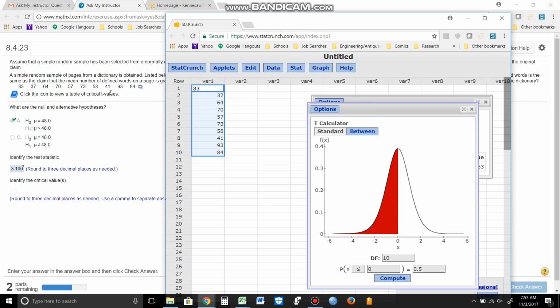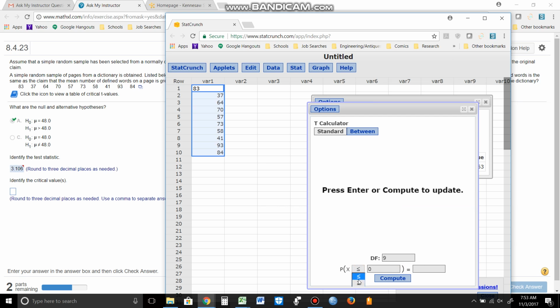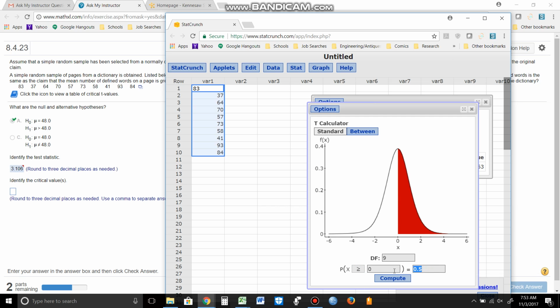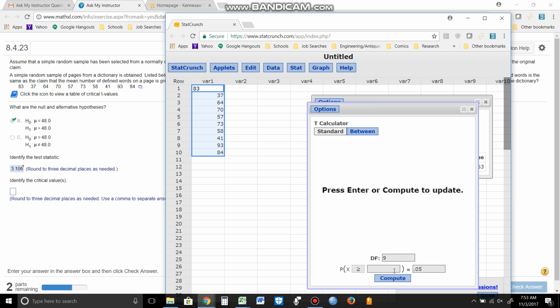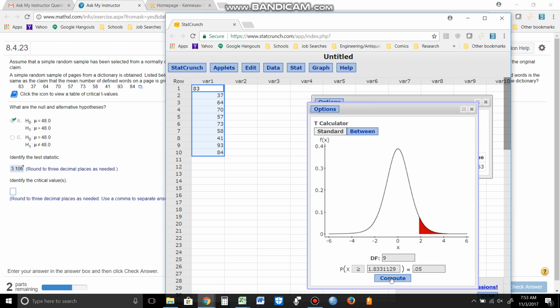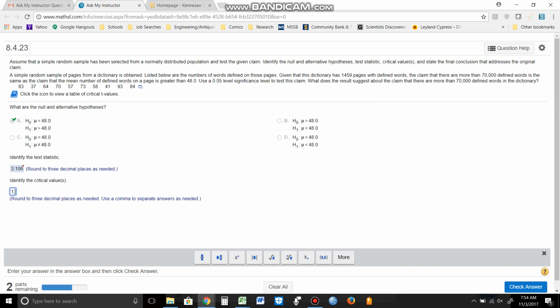There are 10 data points, so that means the degrees of freedom is 9. We want greater than 0.05, and that gives us a critical value of 1.833 to 3 decimal places.